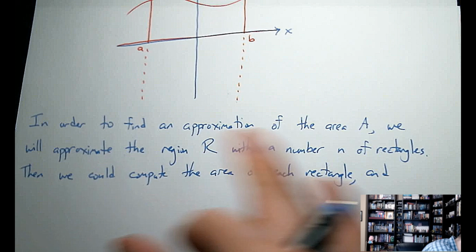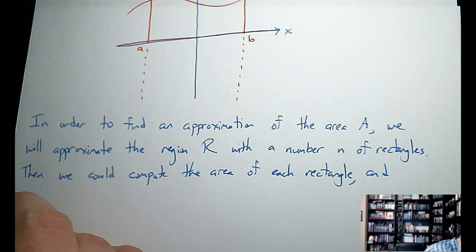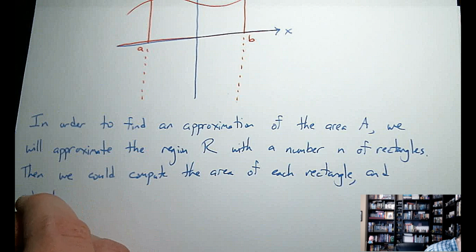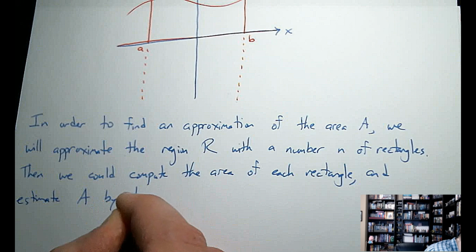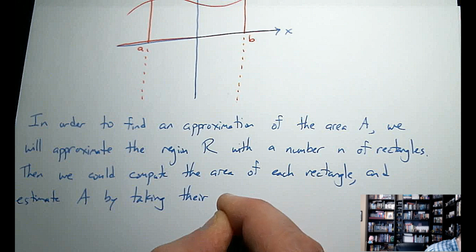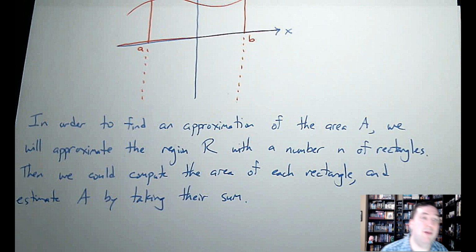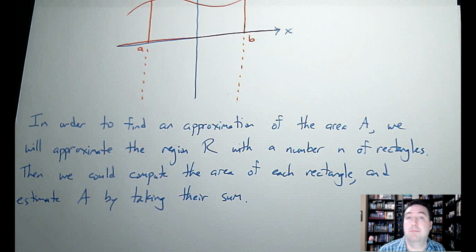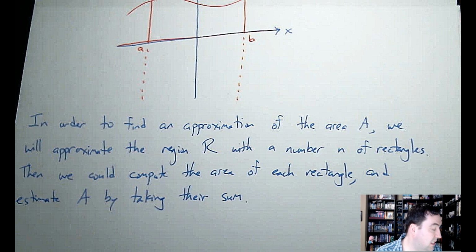And then we could get our approximation of the area A. We could estimate A by taking their sum. How good an estimate would that be? Well, again, these are the kinds of things we're going to need to think about.